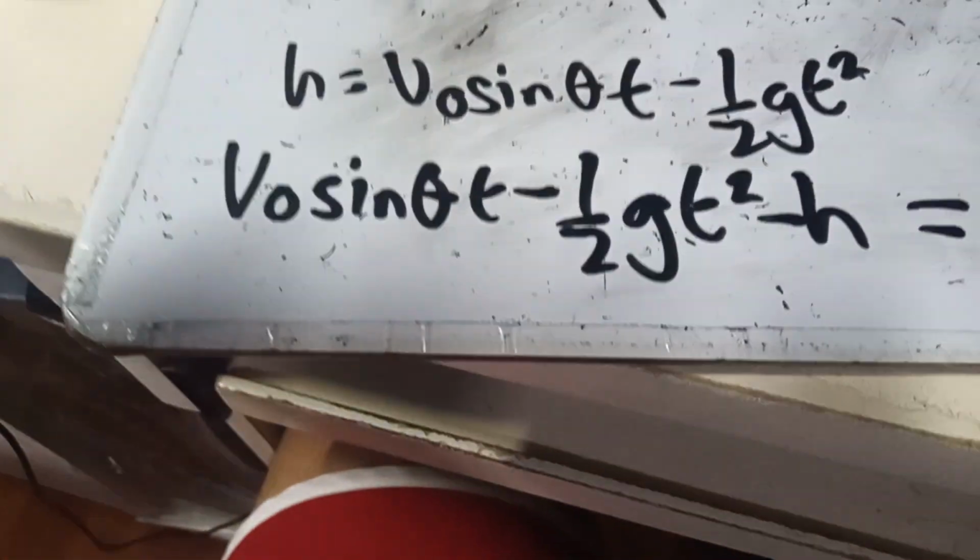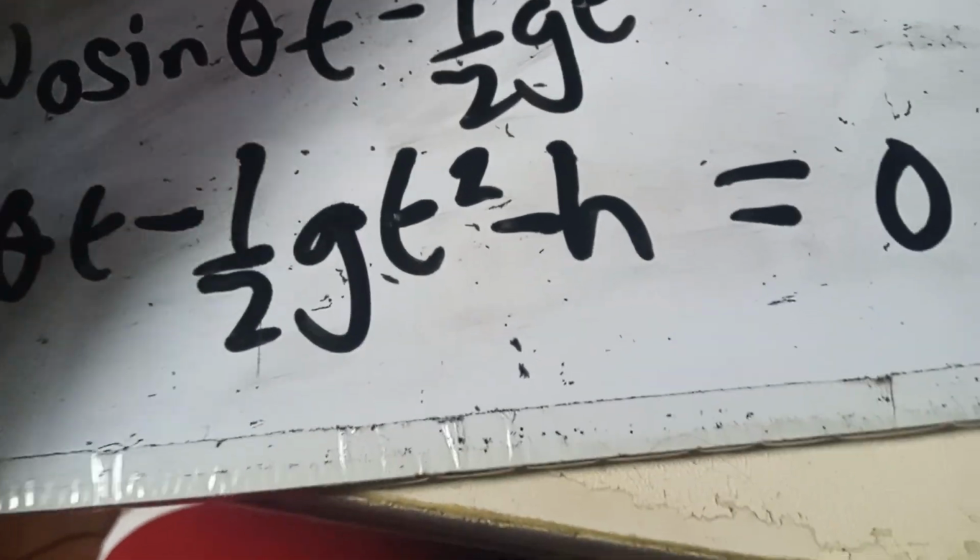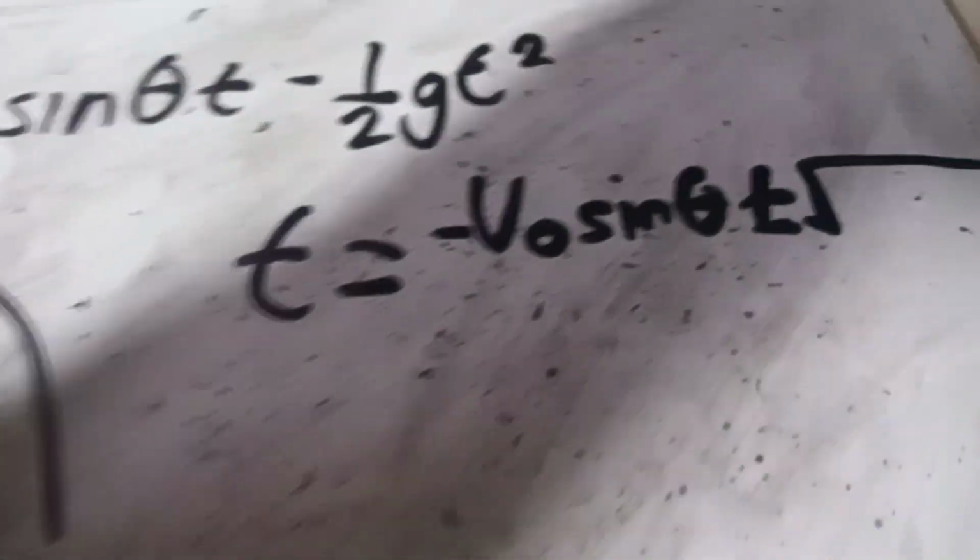So we will just use the quadratic formula, but instead of x, we will use t. Our b here is v naught sine theta, since it's the one beside t. So it's negative v naught sine theta plus or minus the square root of b squared, which is just v naught squared sine squared theta.